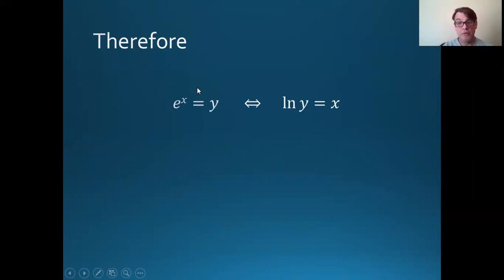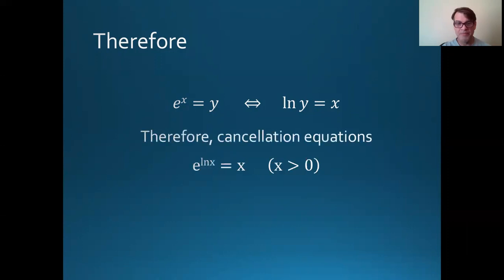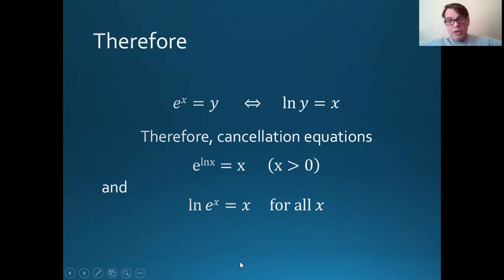Therefore, the cancellation equations work. e to the natural logarithm of x equals x, where x is always greater than 0. And the natural logarithm of e to the x is x for all x. So the natural logarithm function and the natural exponential function are inverse functions.